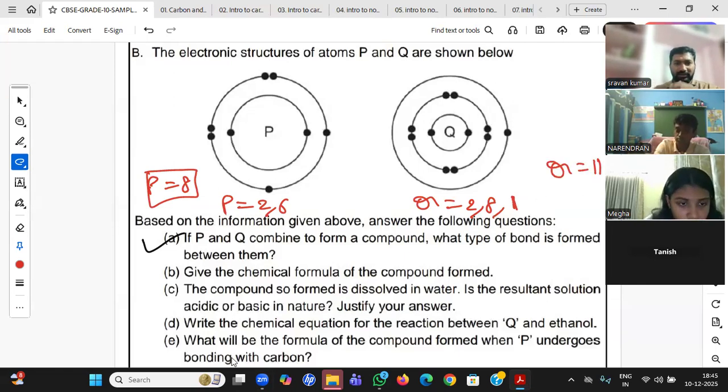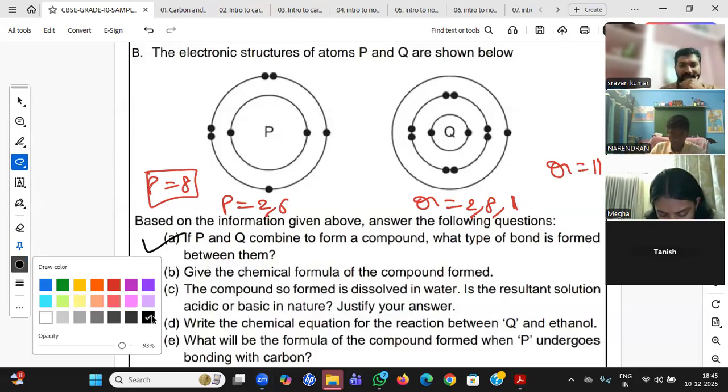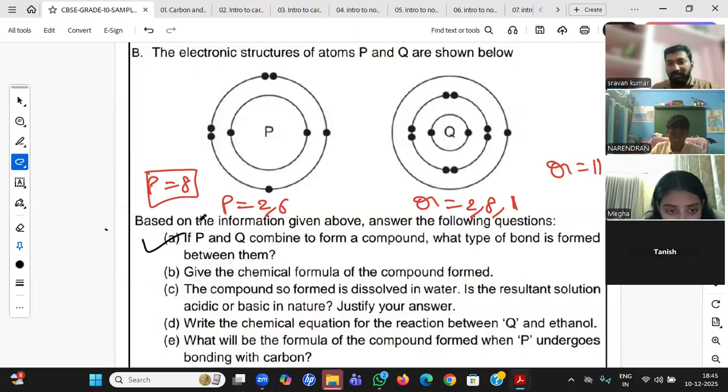Yes, Tanish. Megha, right answer. Maya, okay. So you see, students, how will this one get stable? Sir, ionic bond. Yeah, so students, Q is 2 comma 8 comma 1, and this one should be completely transferred.